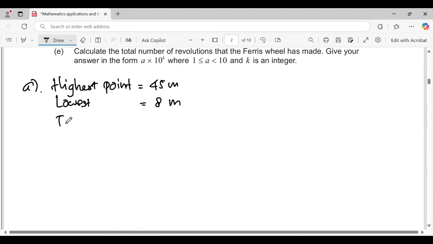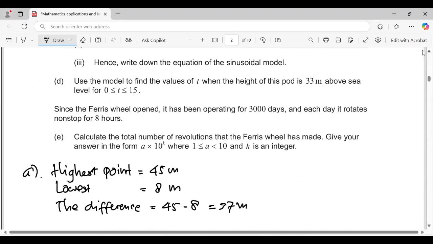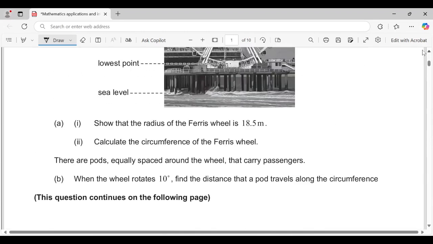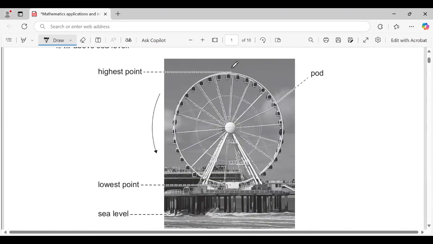Then the difference equals 45 minus 8 equals 37 meters. So if you look at the highest point from sea level, this is the highest point, and this is the lowest point.